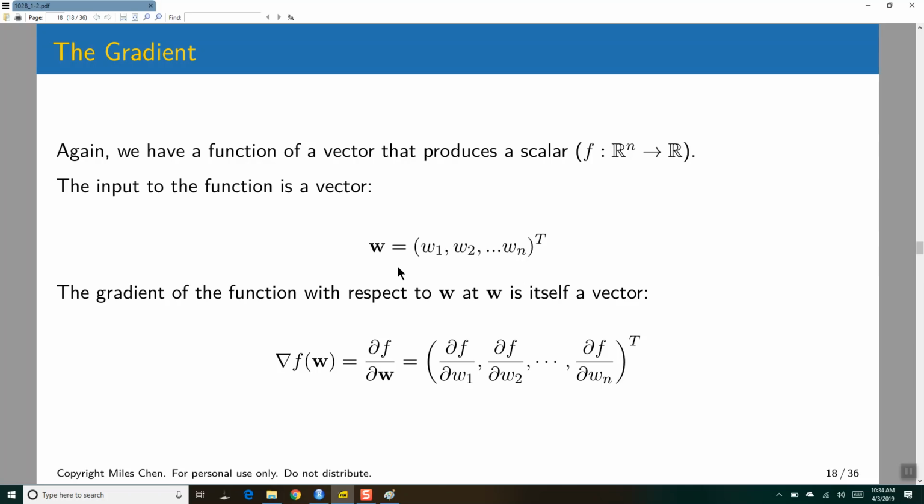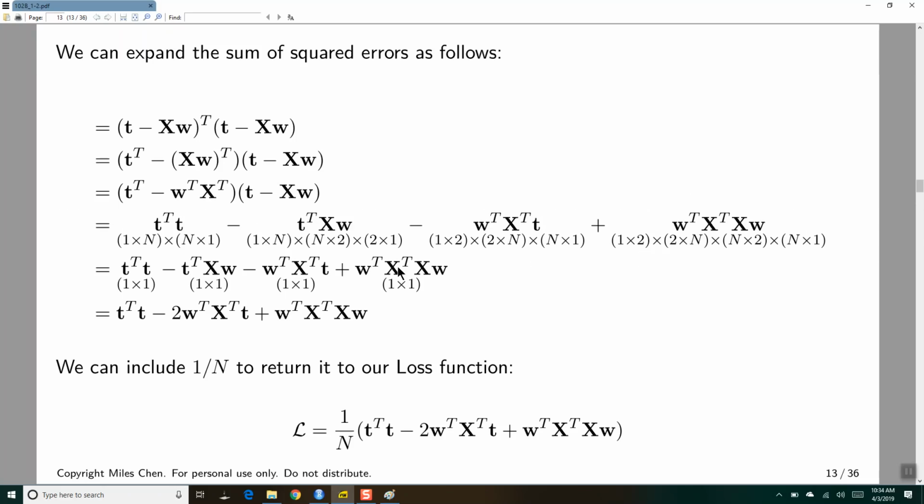Is that okay? All right, so my loss function produces a scalar value. It takes in a vector of what size? Okay, so this is what we have. It produces a single scalar value, a 1 by 1 scalar value, and it takes in a vector of size 2 by 1, because the vector it takes in is w, the intercept and the slope.